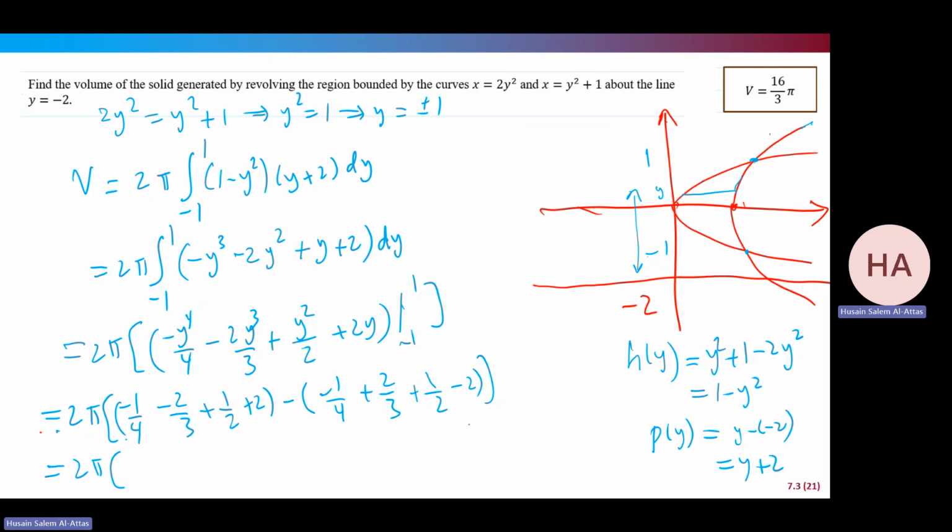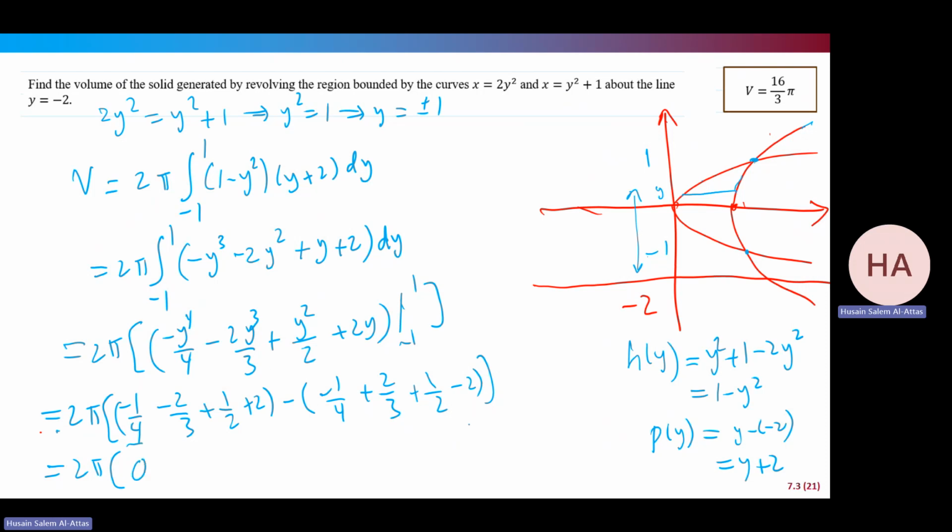Now half minus 1 over 4 minus 1 over 4. That will be 2 over 4, which is half. I'm sorry, this is 0. Minus 1 over 4 minus, that will be plus 1 over 4.